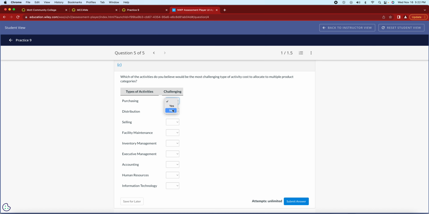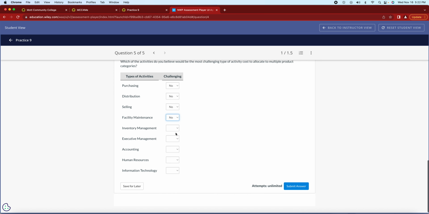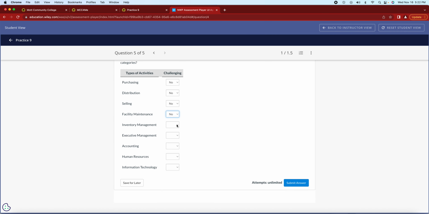No, that wouldn't be hard at all, because a lot of times that's what it's going to be based upon. You're buying for the different product lines. Distribution, that's a no. We could do that. Selling, nope, we could do that. Facility maintenance, that's not going to be a big issue there. Inventory management, that's what we do in inventory management.